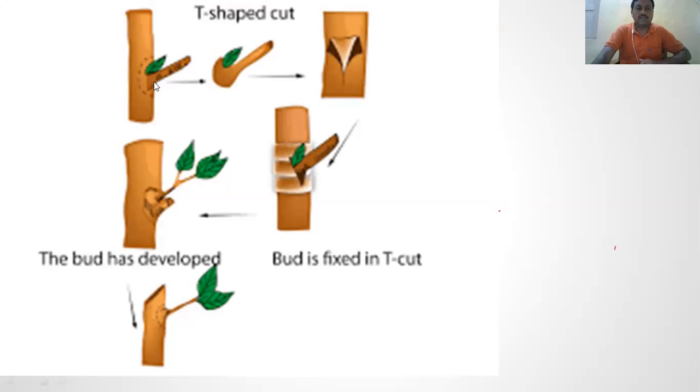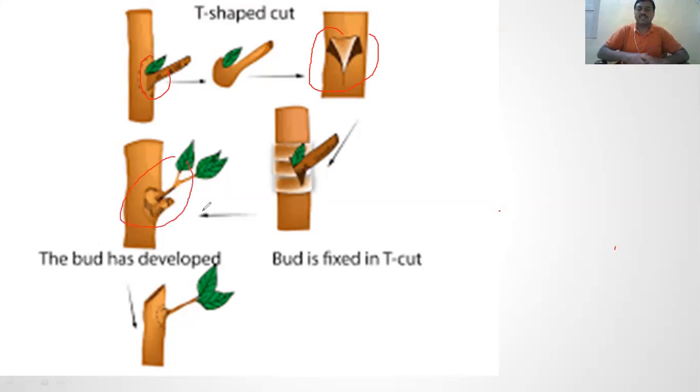This is the plant species. They are cut in a T shape. These buds are cut and shifted into the next species with T-shaped formations. And the buds are inserted in this T-shaped cut.